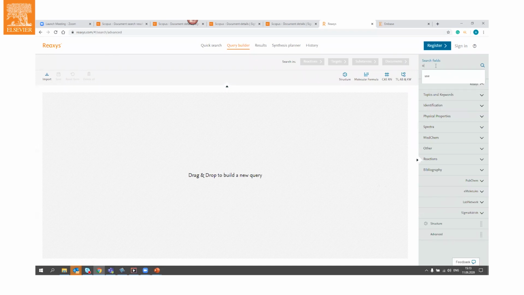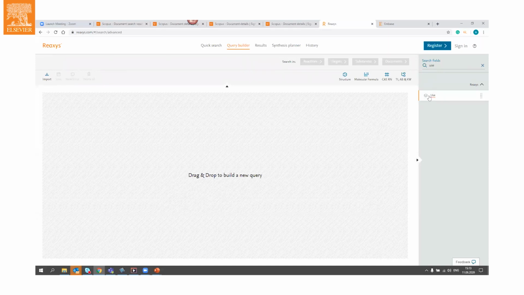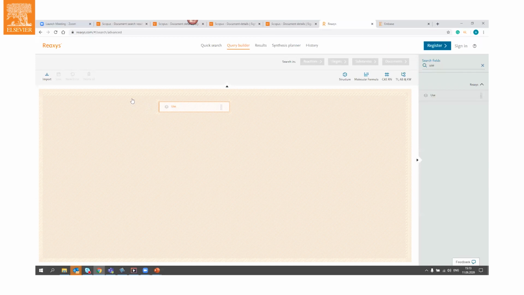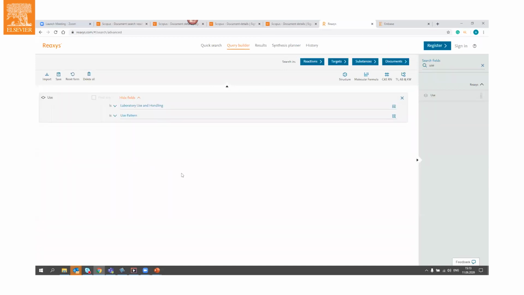So for example, for our use case, we need to search the field Use. It tells us how exactly the substance was used and what the substance use pattern is. So over there, we can type SARS, coronavirus.